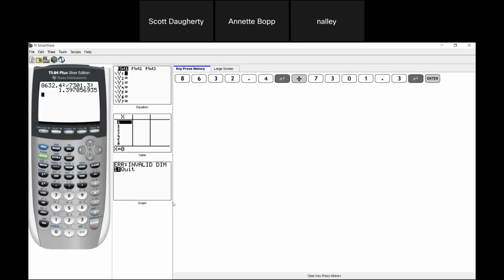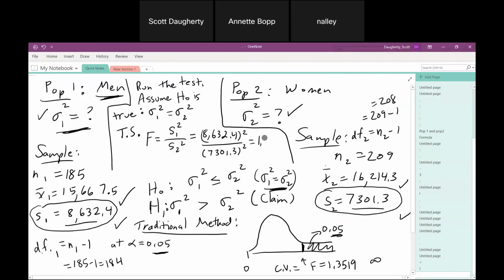Okay, so we get 1.398 if you round it off. I'm just going to round it off. 1.398. That is our F value, which is our test statistic.